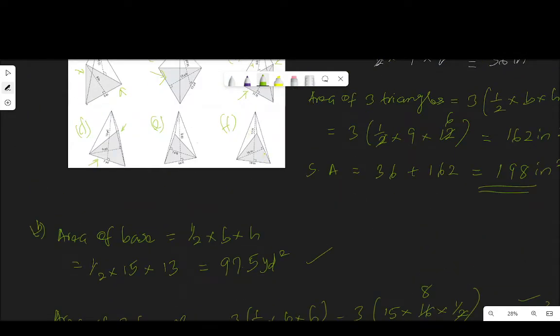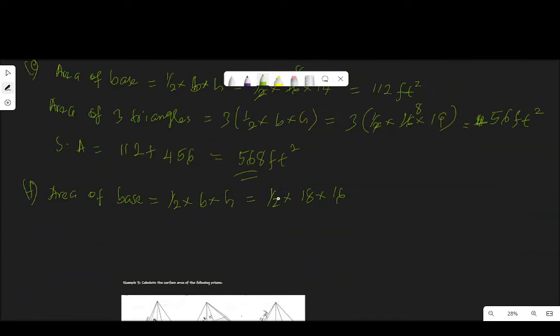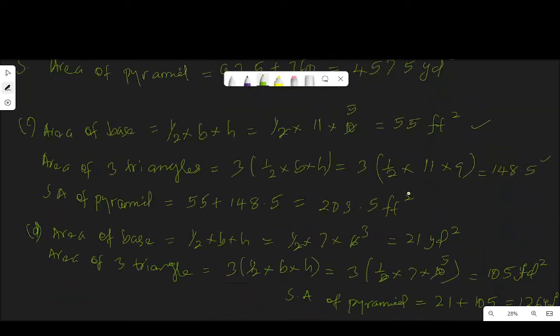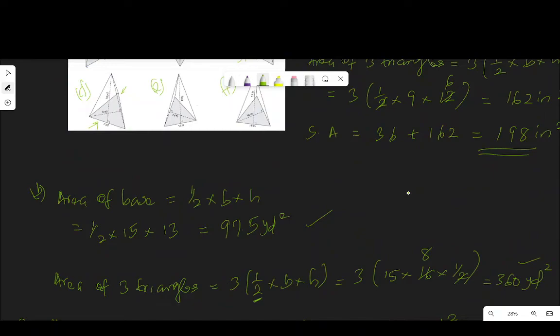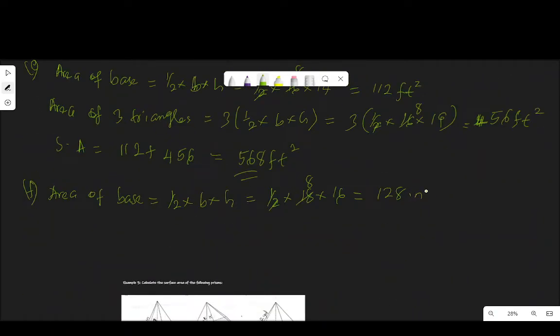Yes, 18 and 16 as the height. Half of 2 is 1, half of 18 is 8. 8 times 16 is 128. What is the unit? The unit is inches square.